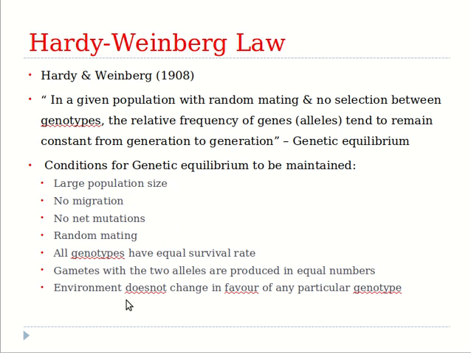That means there should not be any natural selection pressure favoring any of the genotypes. So all the genotypes should have equal survival rates, all the genotypes should have equal representation while forming the gametes. There should not be any migration, there should not be any mutations, and there should be random mating. So these are the conditions upon which the genetic equilibrium can be maintained as per Hardy and Weinberg.